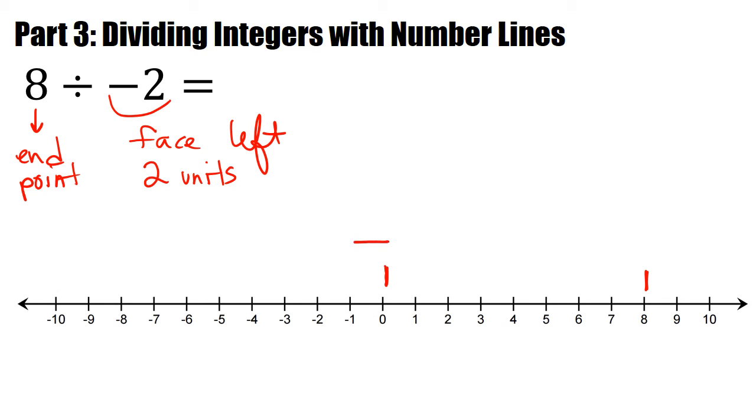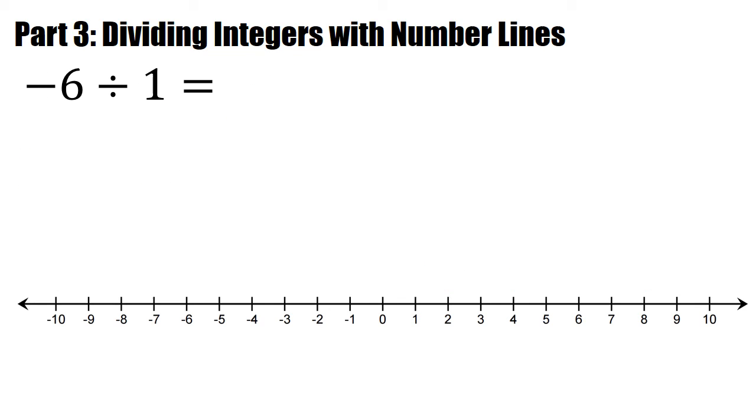So we're going to face left, but we need to aim to +8. Essentially I'm walking backwards. If I'm walking backwards, I'm going to have a negative number, and it's going to be -4 because I took 4 steps backwards.